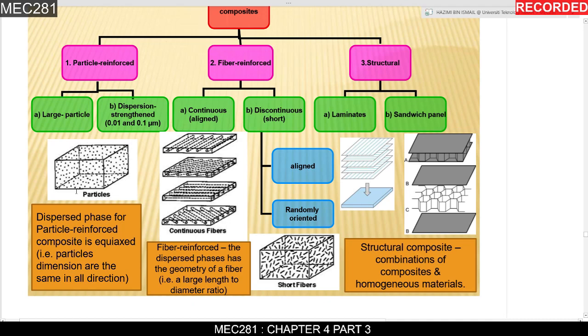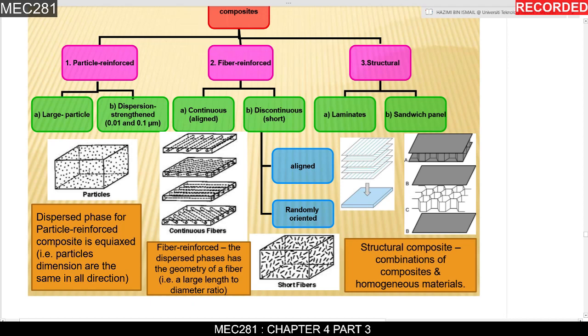Okay, dispersed phase of particle reinforced sini. Composite is equal as particle dimension are the same in all direction. Okay, detail dia sampai tahap particle dimension dia sama dalam semua direction.